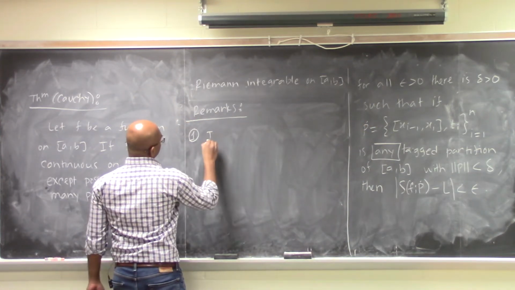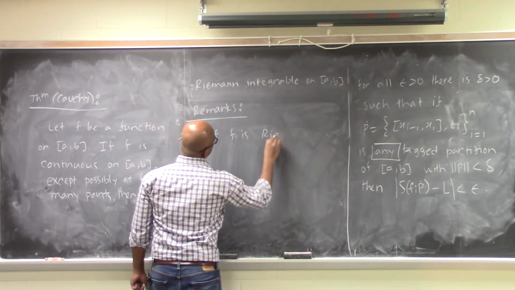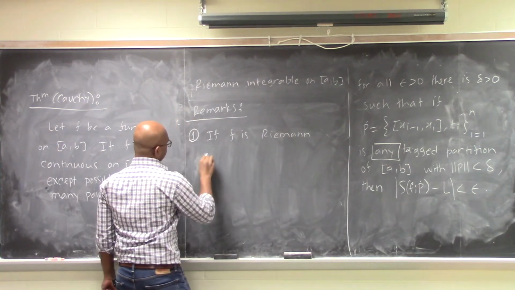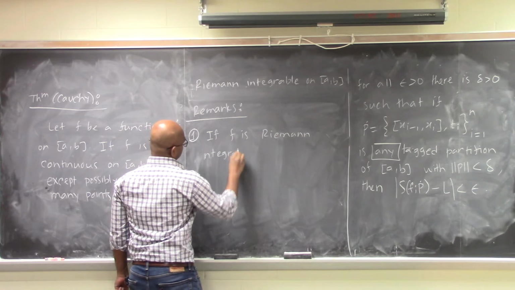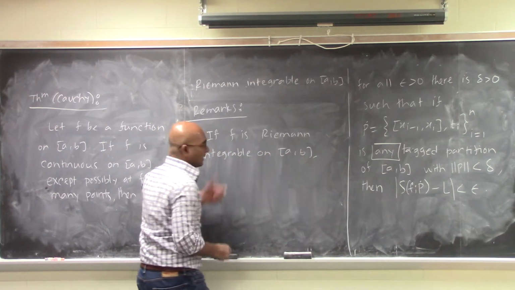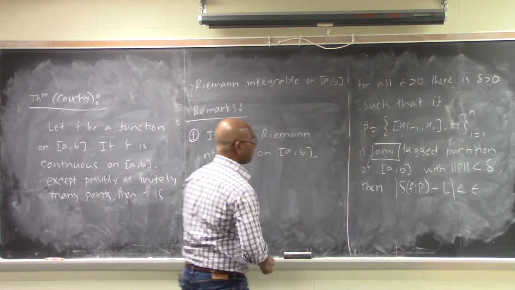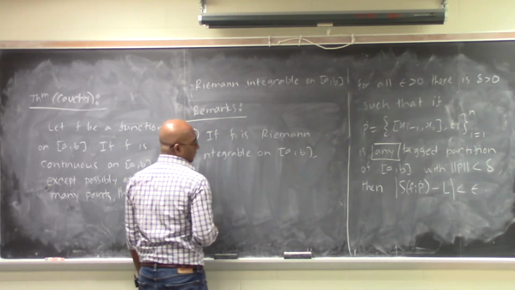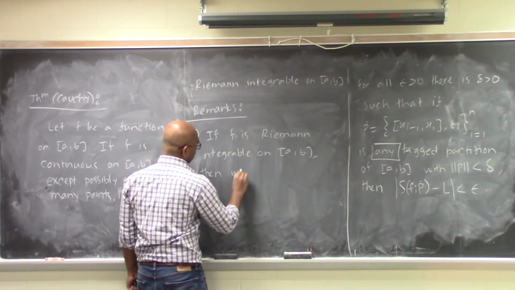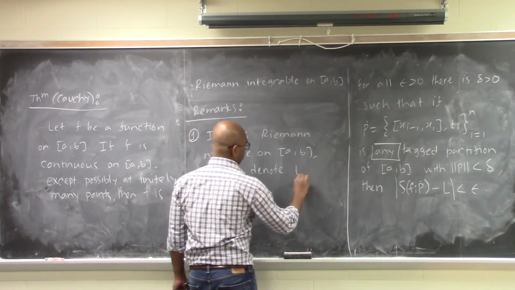Okay, if f is Riemann integrable on [a, b], then there is a number capital L that satisfies this inequality for all epsilon. Then we denote L.